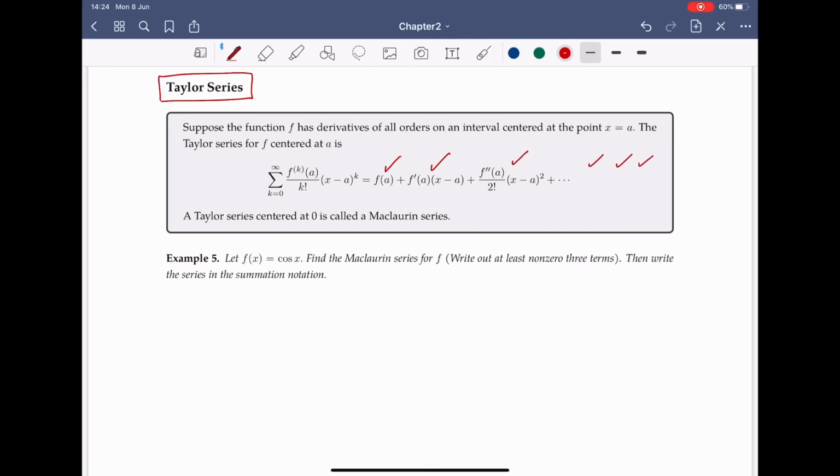Just keep going. You can see that we have no endpoint. Each term has the same form as in the Taylor polynomial. I have a remark here that a Taylor series centered at 0 is called a Maclaurin series. Sometimes if you see Maclaurin series, they are the same thing as Taylor series. All right.